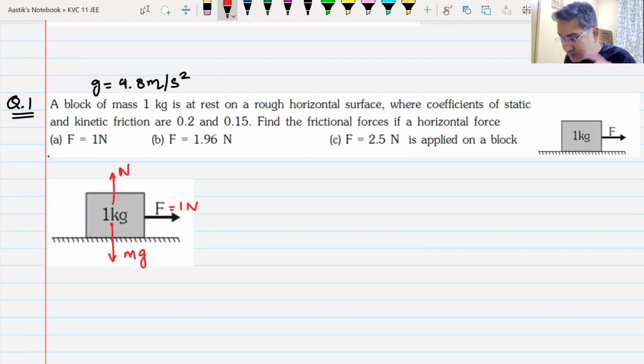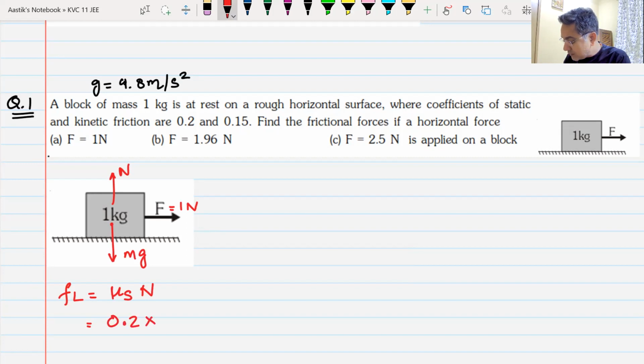First thing first, you can calculate the value of limiting friction. The body can only move when this force is more than the limiting friction. We understand this, yes or no? Let us first calculate the value of limiting friction. The value of limiting friction is given by mu s multiplied by N. The value of mu s is 0.2.